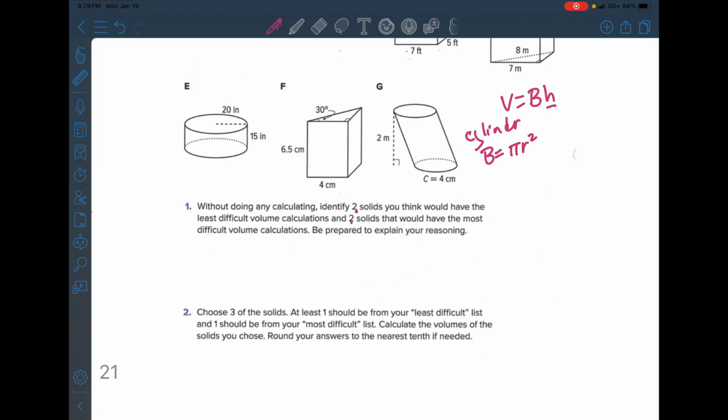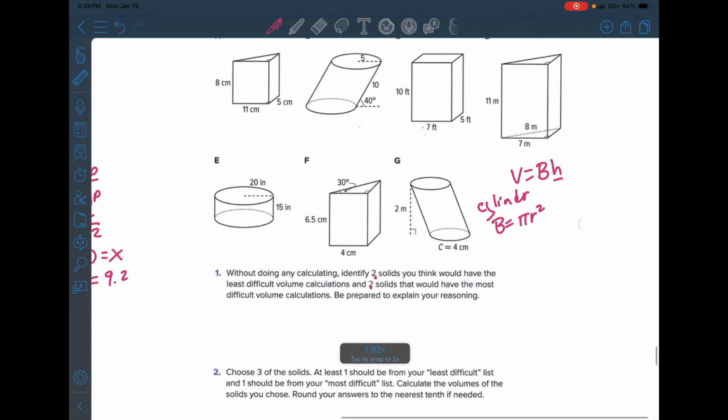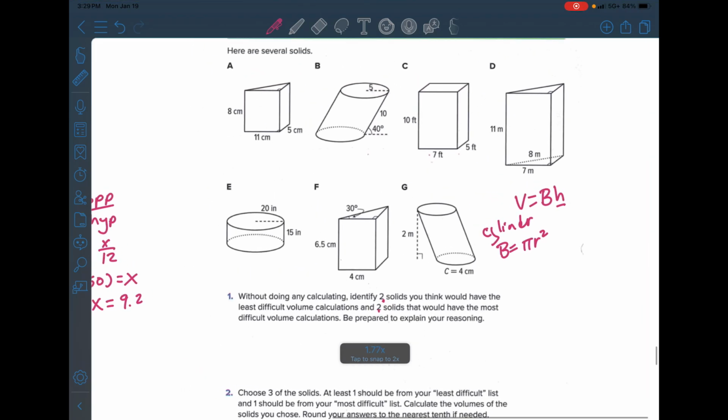For the prisms with a rectangle, like A and C, okay, it's B equals base times height, whatever makes that 90 degrees. And then for the triangles, so for D and F, capital B equals 1/2 base times height, and your base and height are the ones that make a right angle.